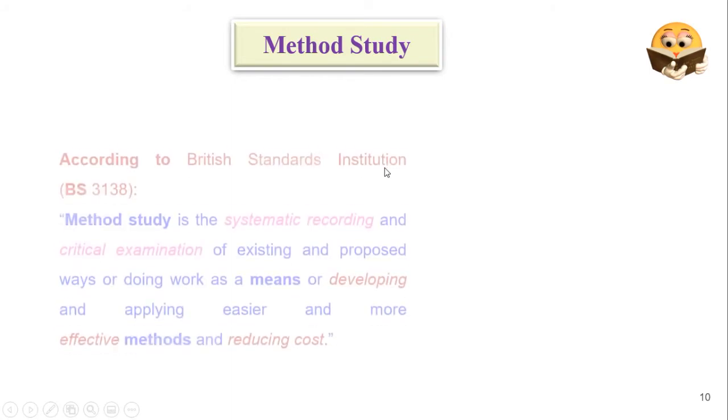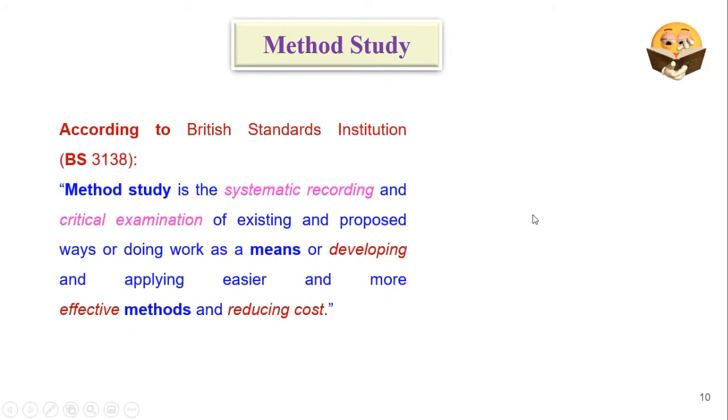So method study. According to the British Standards Institution, method study is a systematic recording and critical examination of existing and proposed ways of doing a work as a means of developing and applying easier and more effective methods and reducing the cost.